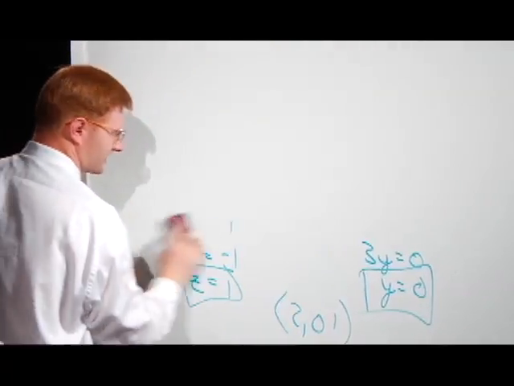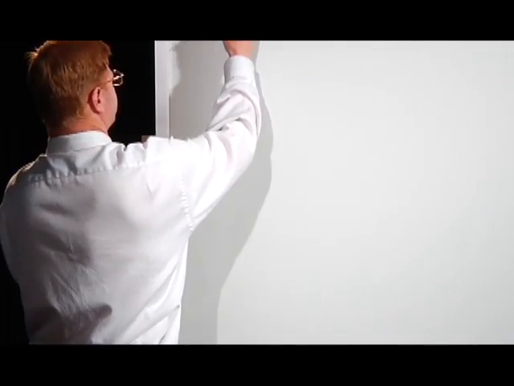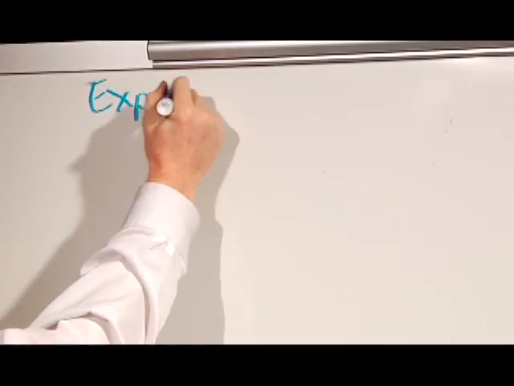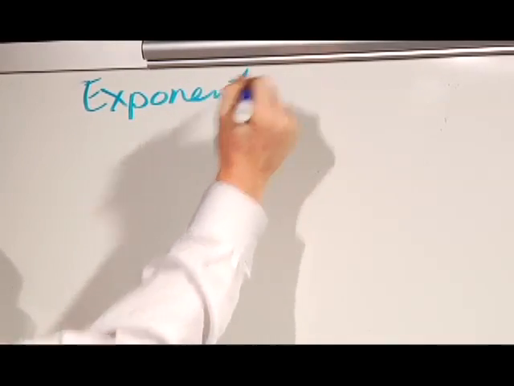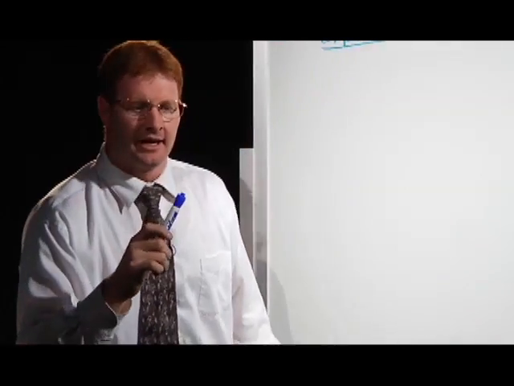Okay, and the final one for this session is exponents. There are two major concepts that you need to understand about your students as far as what they have as a background when they come into the course. The first one is variables are fairly new to them.